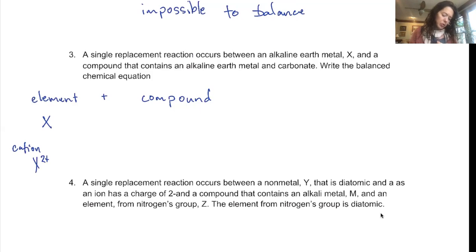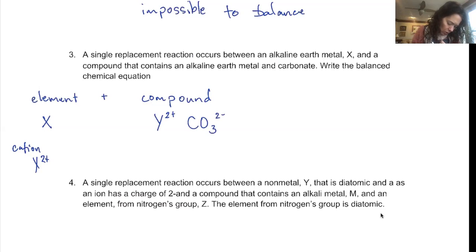And it occurs between X and a compound that contains an alkaline earth metal and carbonate. So this compound also has an alkaline earth metal, Y. I'll make it Y. I didn't tell you, but I should have, which is 2+, and carbonate, just CO3, 2-.